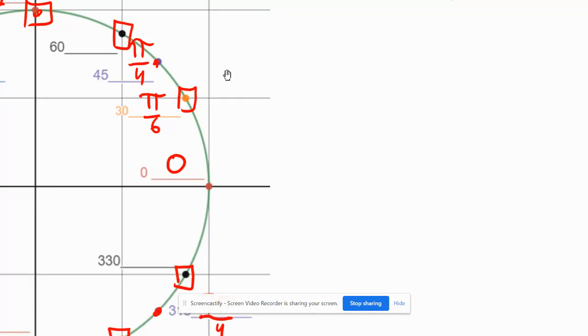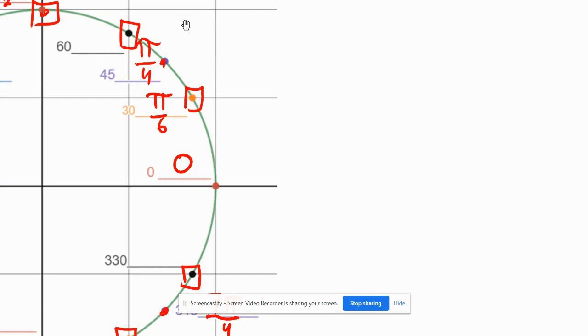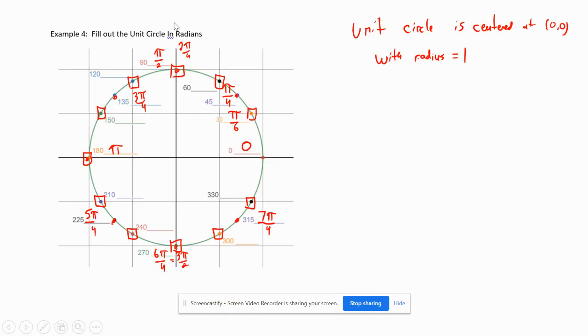That means this guy over here is going to be 2 pi over 6, which simplifies to pi over 3. This guy over here simplifies to 3 pi over 6, which simplifies to pi over 2.